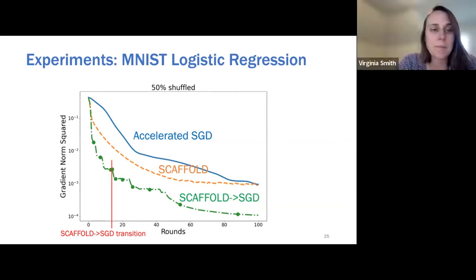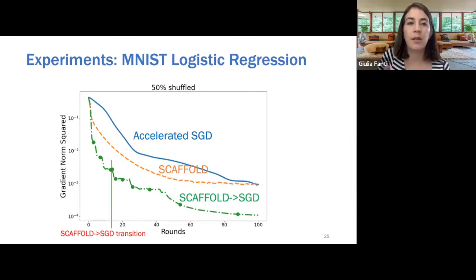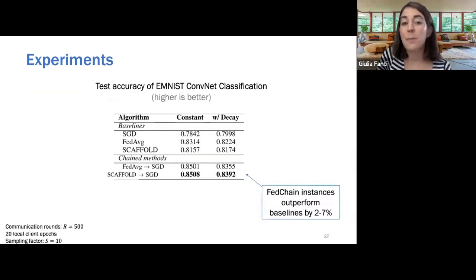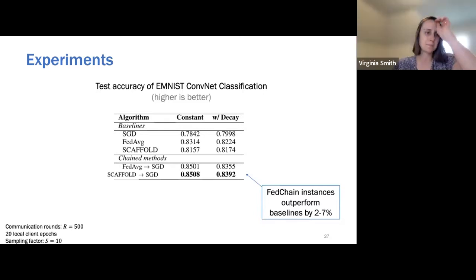Got it. And where you switch ends up being a little bit different for the convex versus non-convex setting. So in the non-convex setting, as I was mentioning, typically we're seeing that you get better results if you switch later, like when 90% of your rounds have already completed using a local method.